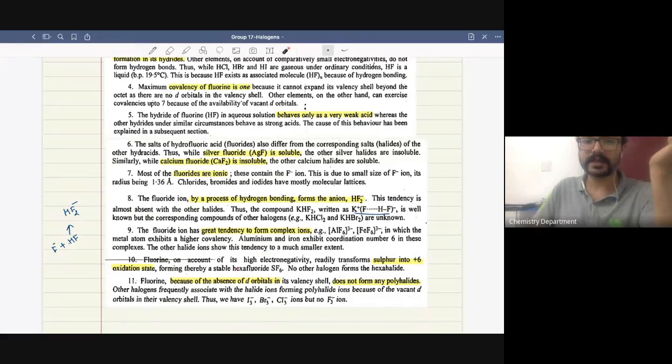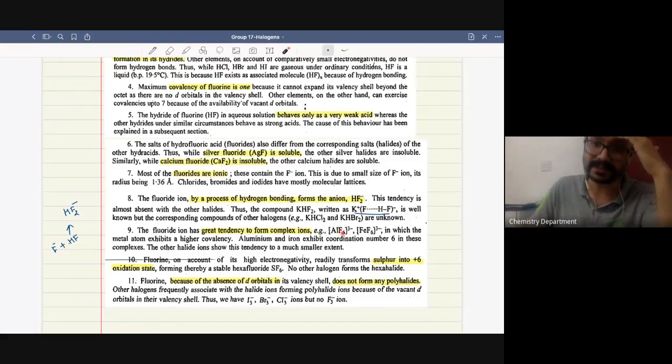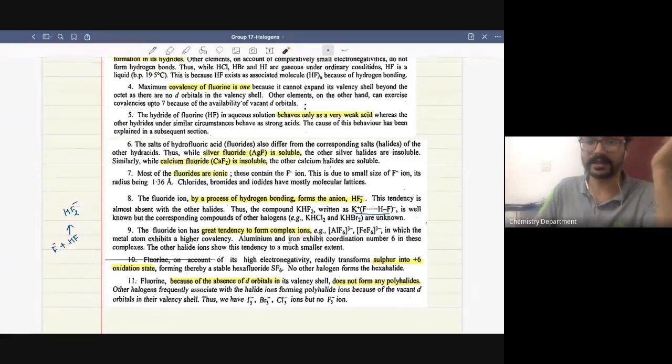Probably the reason is that when it forms a complex ion, it is acting as a ligand, and because of the small size, the central atom can accommodate these ligands in larger numbers. So that might be one reason why they have a higher tendency to form complex ions compared to the larger halide ions.